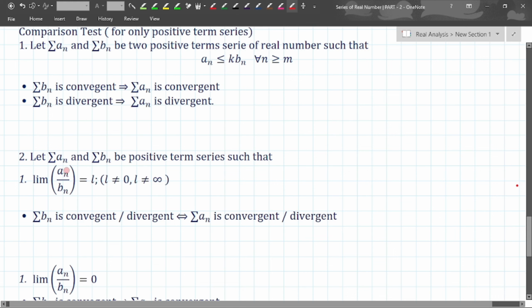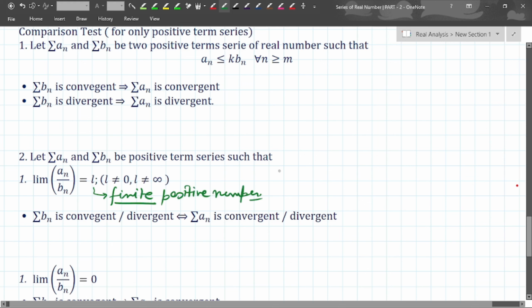Let an and bn be positive term series such that the limit of an upon bn is L, which is finite, meaning it is not equal to 0 and not equal to infinity.